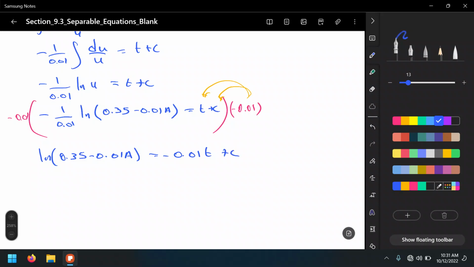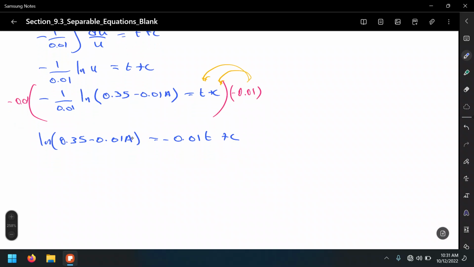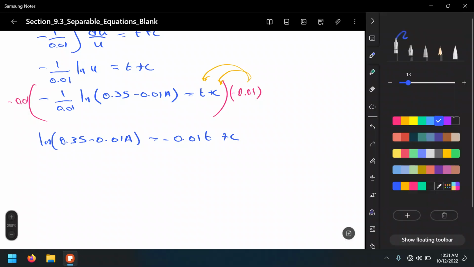It remains a c. And then from here, let's try to get the A by itself. In this case, we need to get rid of the natural log, then we need to get rid of the 0.35, and then the negative 0.01. We get this done by exponentiating both sides.